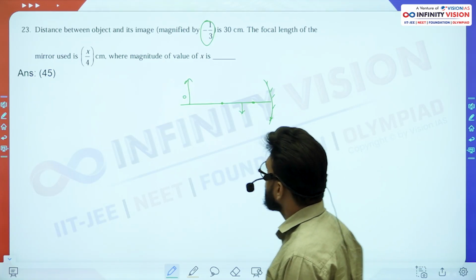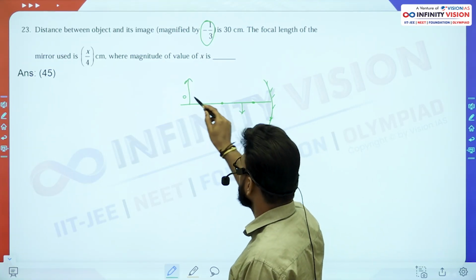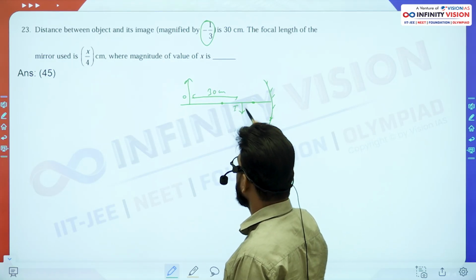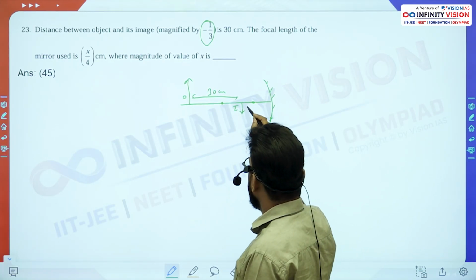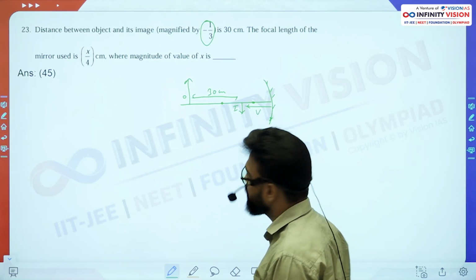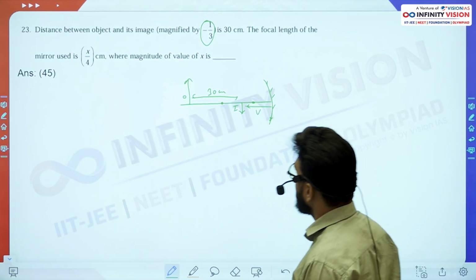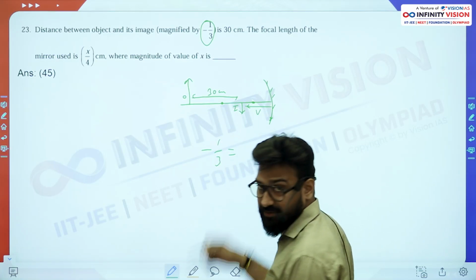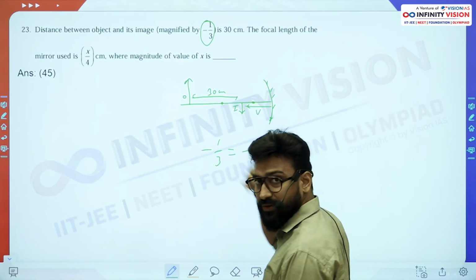Okay. So the distance between them is 30 centimeter. This is your image. I'll take this as V distance. Now the magnification is minus 1/3, and the magnification is minus V by U, that we already know.